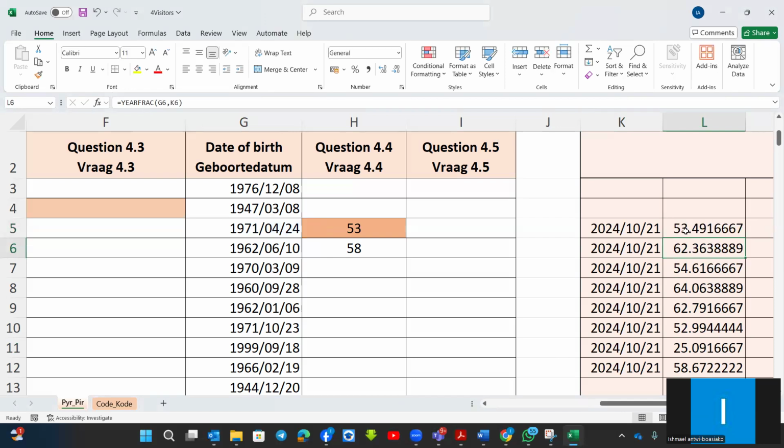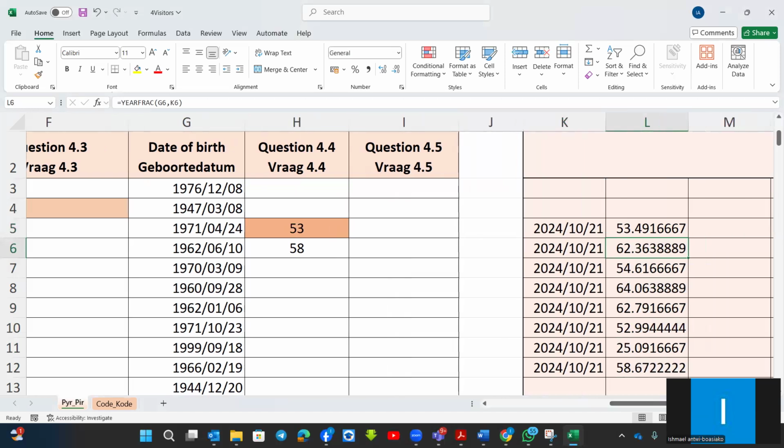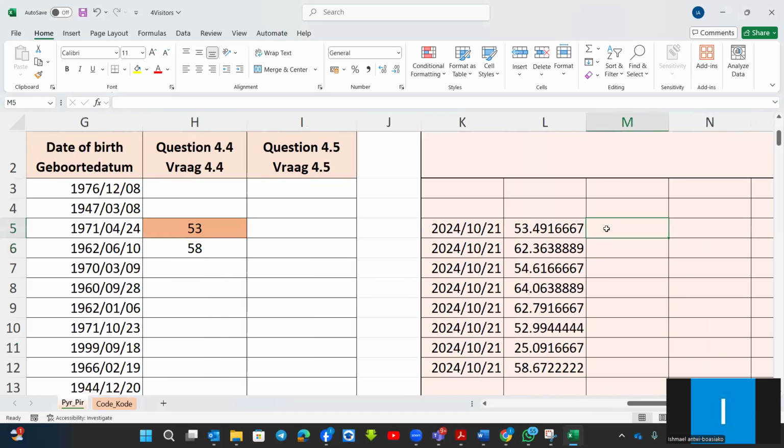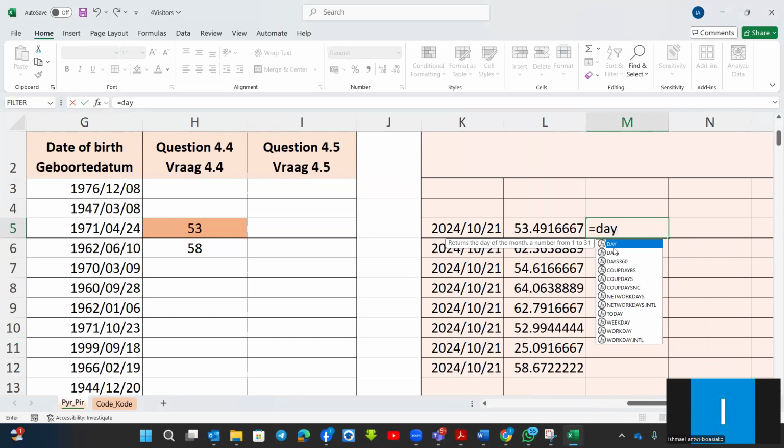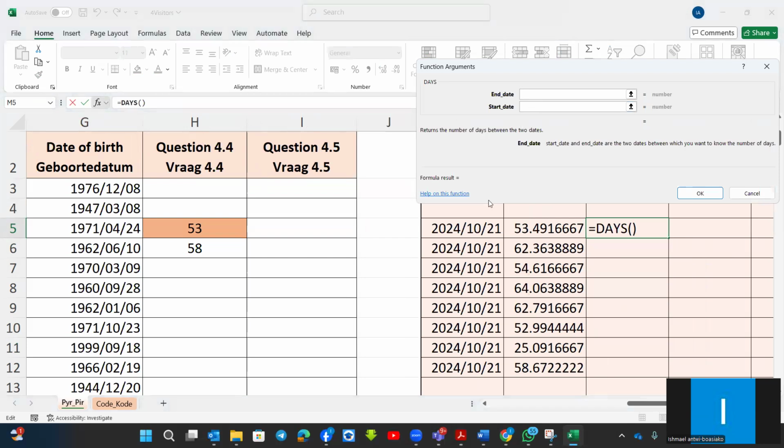Alternatively, we could have solved this question here also by using, let me go to another column, the DAYS function. So equal sign DAYS. And then the end date will be the today's function.